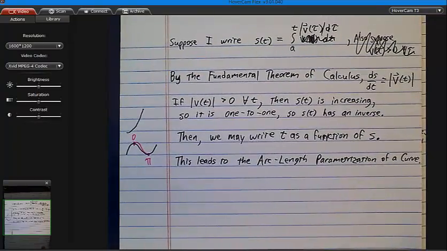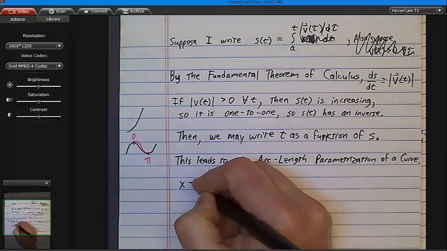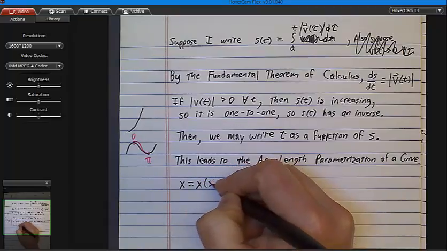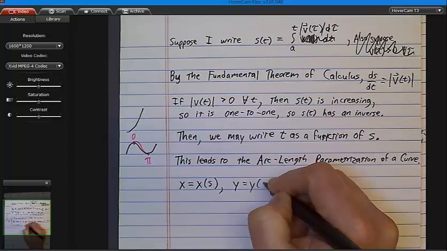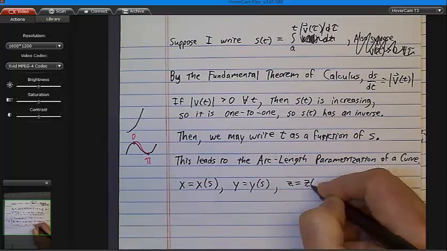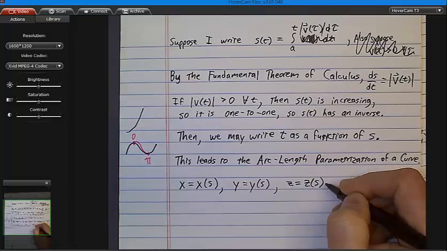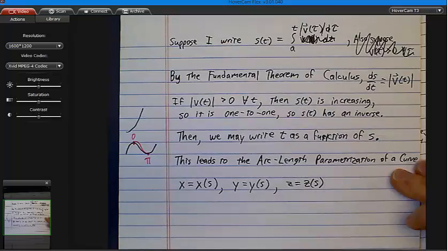So when we come back after break, or maybe even next time, because I have some other things to do, we're going to be thinking about expressing curves as functions of S instead of functions of t. Can we do that? Yes, because of this discussion.